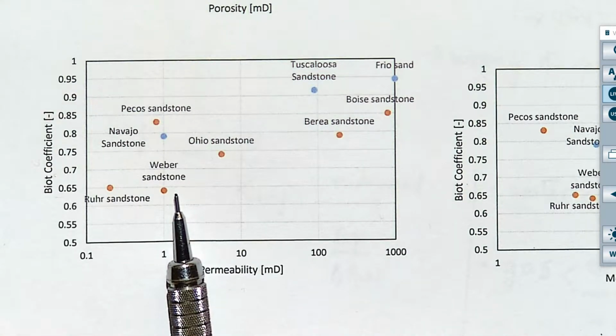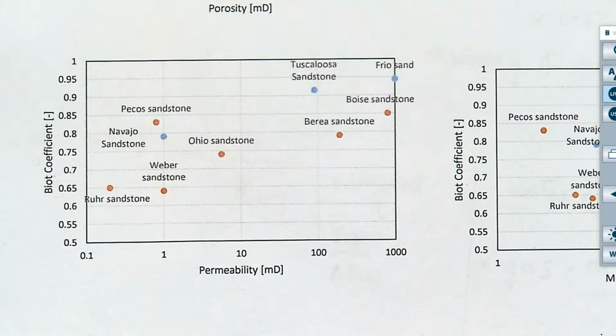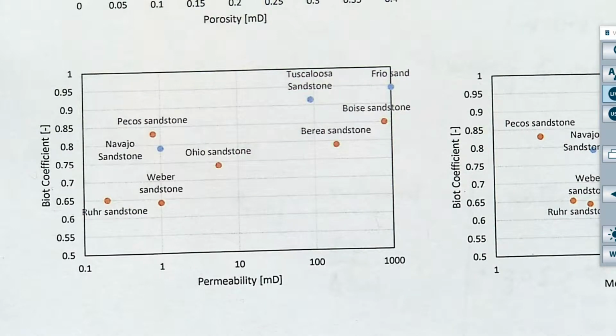Do you think there could be any reason why some of these rocks have a different Biot coefficient but about the same permeability? Yeah. Mineral composition could be, but these two are sandstone, so probably that's the same mineral composition.